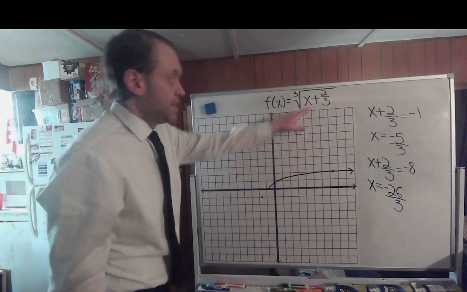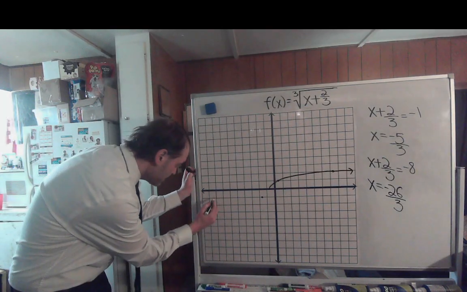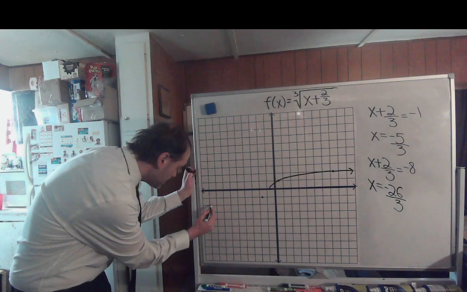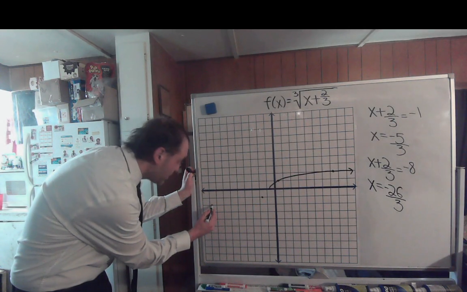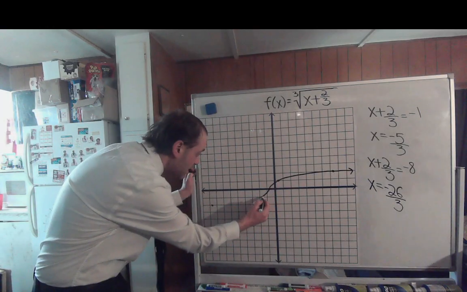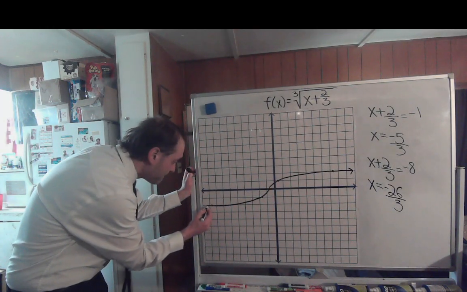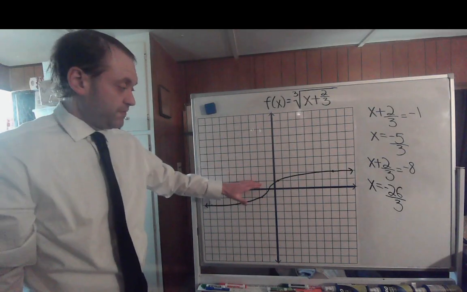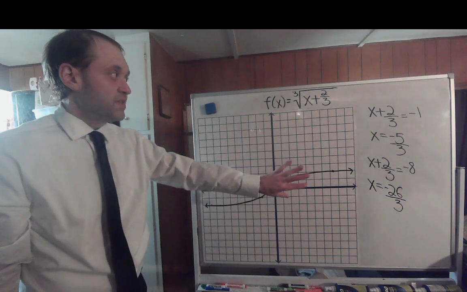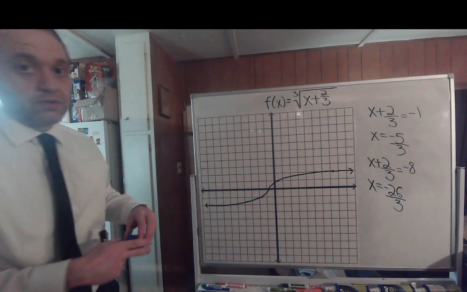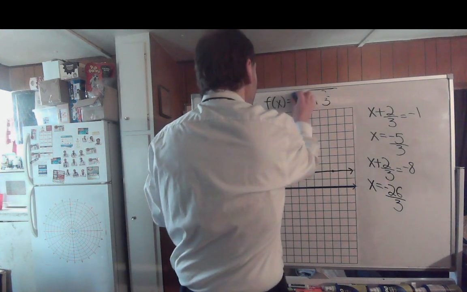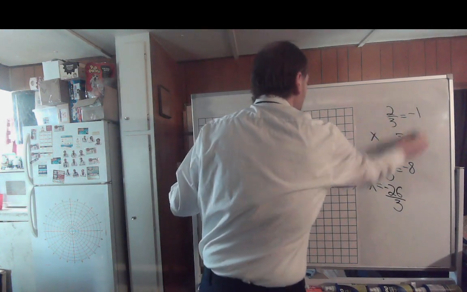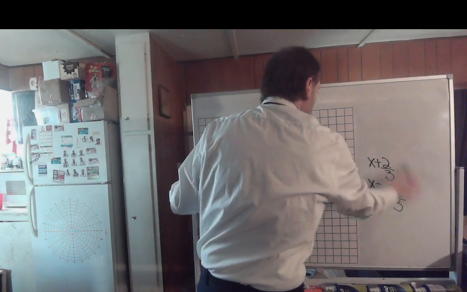You would end up getting negative 2 for your y coordinate. So that puts you about right there. So what we've done is we've taken this cube root function and we have shifted everything to the left 2/3 of a unit. I think I have about, what, 3 more? Not many more.